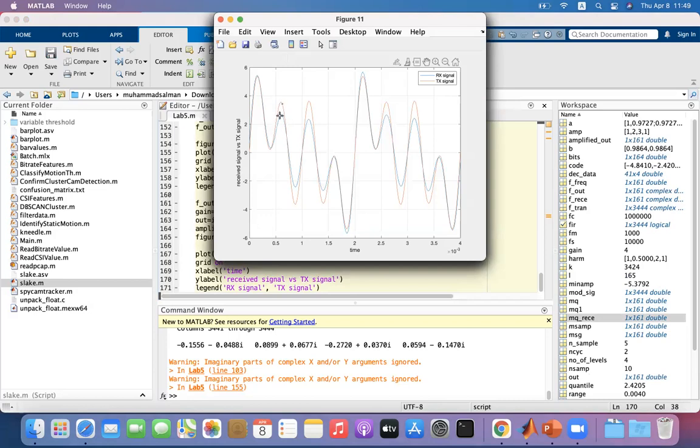Of course we have some degradation here because of all these processes, but finally we recovered something looking like the original signal, and from here we can recover our information because we are not completely skipping some of the whole cycle. We are getting some degradation in terms of amplitude, but the overall pattern looks the same.